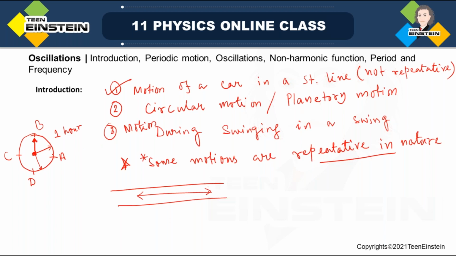So this is a kind of circular motion, and this circular motion is repetitive in nature. Even planetary motion is also repetitive in nature.